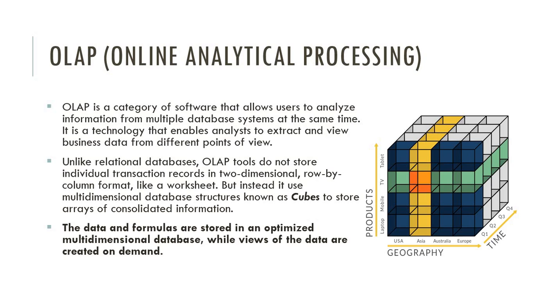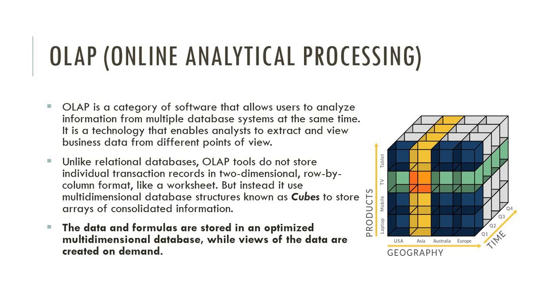It is a technology that enables analysts to extract and view business data from different points of view. It means that we have multiple dimensions, so based on that we can create multiple views of data. Unlike a relational database, OLAP tools do not store individual transaction records in the two-dimensional row-by-row column format like a worksheet, but instead use multidimensional data structures known as data cubes to store the arrays of consolidated information.